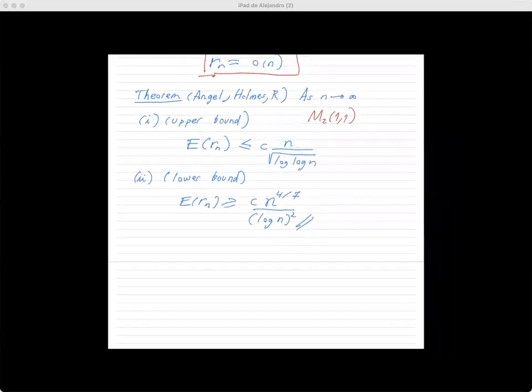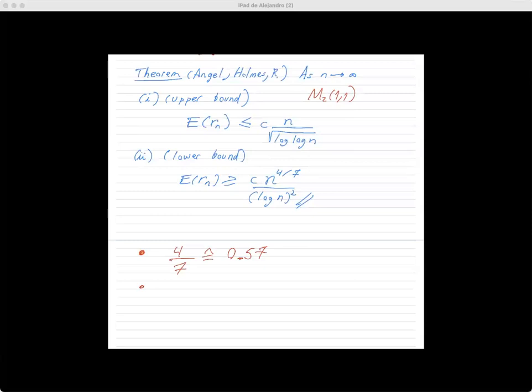So let me make some comments here. Well, 4/7 is more or less 0.57. But according to numerical simulations, this range should grow like n to the alpha.